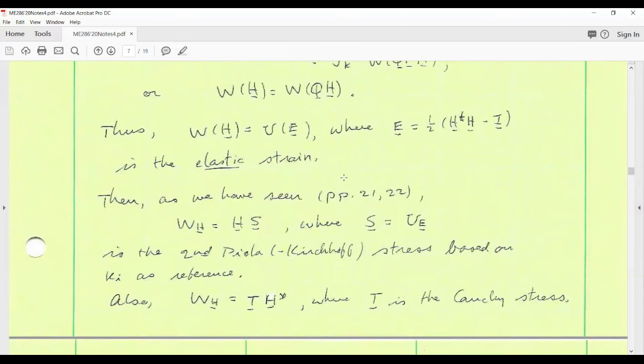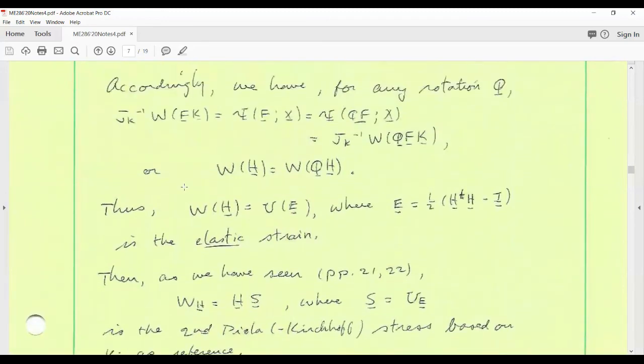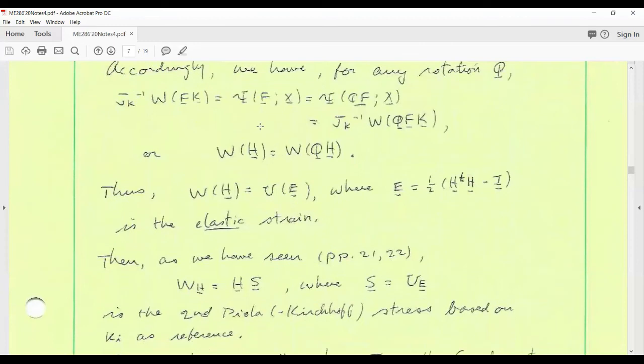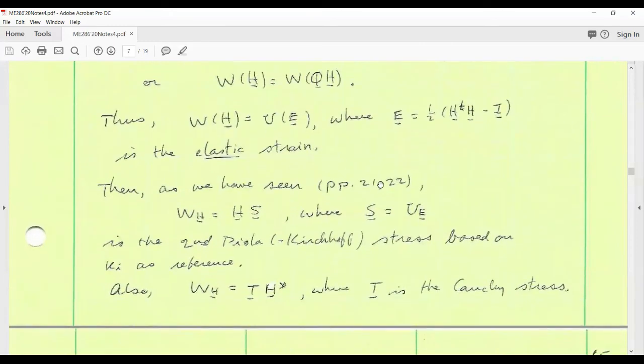Okay, we know from what we've done before, for example, dW/dH, just by analogy with what we did before, right? D psi dF was the Piola stress, and that's, Piola stress is F times the second Piola-Kirchhoff stress. So d psi dF is F times S. Well, we can do the same thing here exactly, just by repeating that argument. D psi dH is H times some kind of second Piola-Kirchhoff stress based on this kappa I intermediate state as reference configuration.